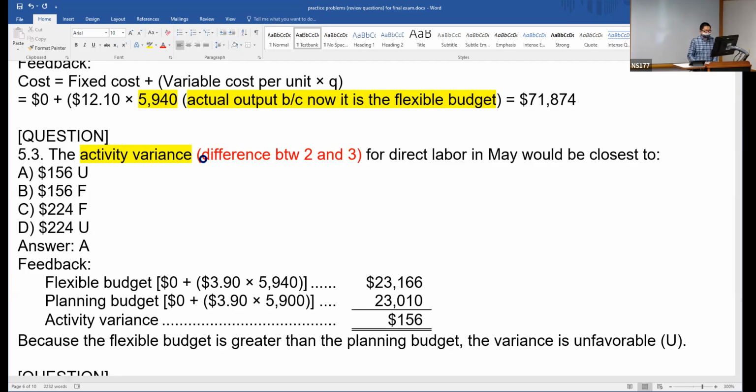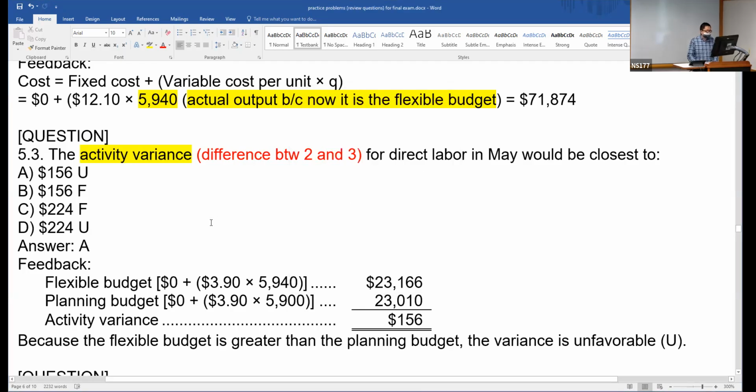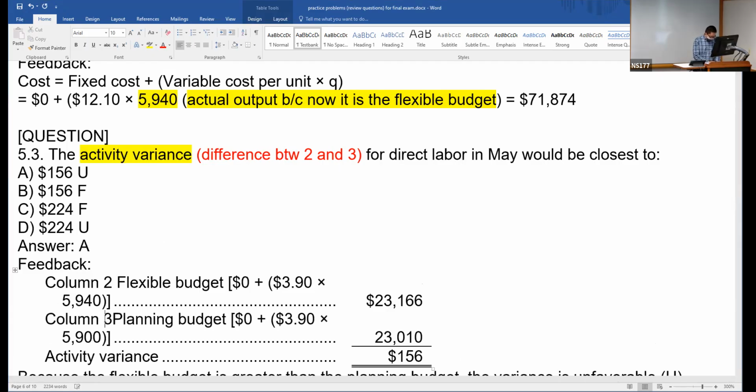Now we calculate the developed labor costs for the flexible budget, so this is column 2. And the one for the planning budget is column 3.